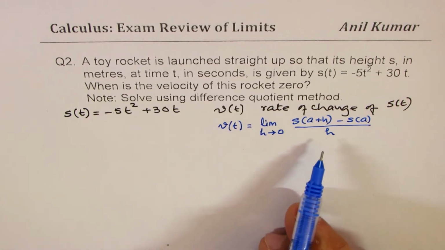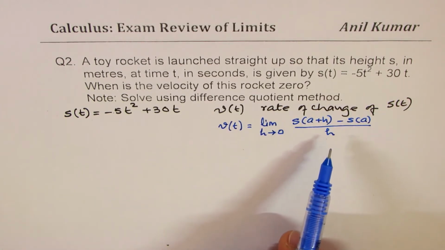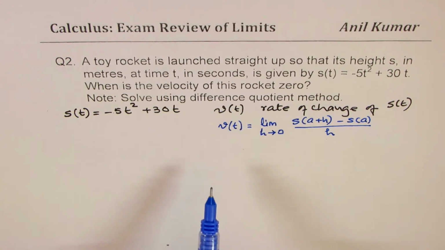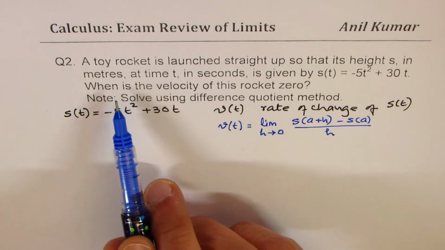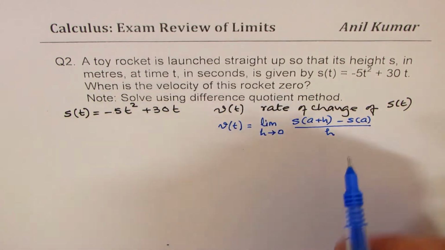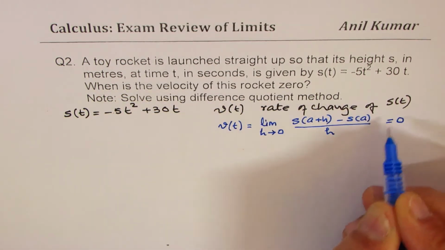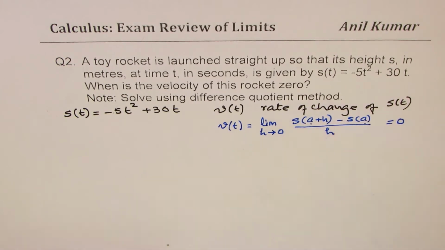That makes sense to you? So that is the difference quotient method which we can use to find the velocity, correct? When we say when the velocity of this rocket is 0, we'll actually equate this to 0 and find the value of a. Is that okay? So a is the time when it is going to be 0. So I hope that makes sense, right?